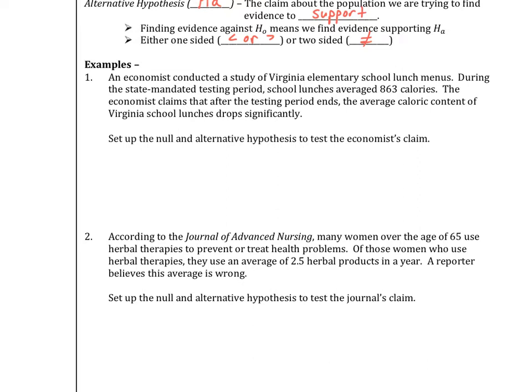So the null hypothesis is the average they give you. They tell you that the mean is 863 calories. The alternative hypothesis is HA.